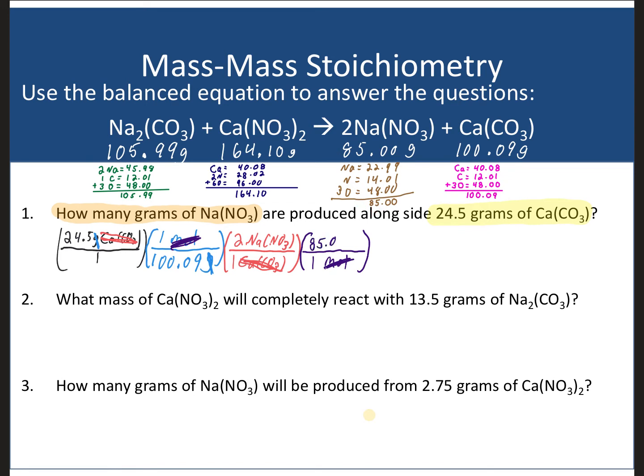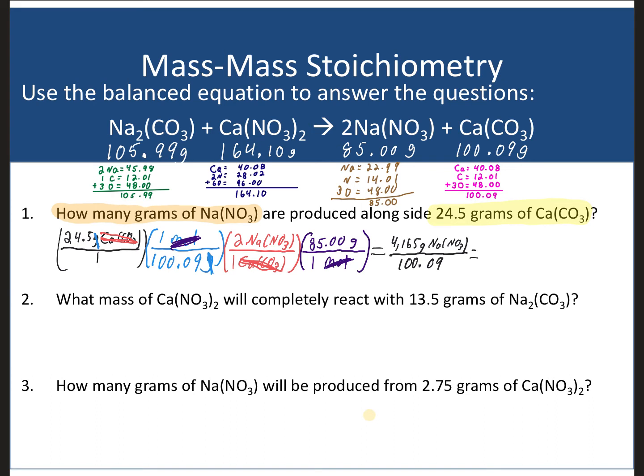And now I go grab a handy dandy calculating device. I have grams of NaNO3 as my only units left. Calculate away. 24.5 times 1 times 2 times 85 is 4,165 grams of NaNO3. Now I multiply all my bottoms together: 1 times 100.09 times 1 times 1 is 100.09.